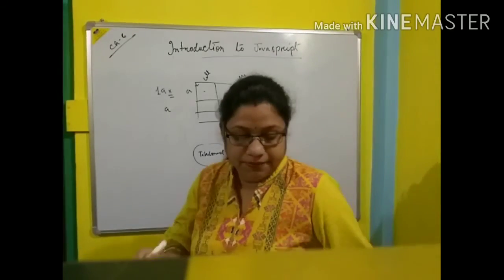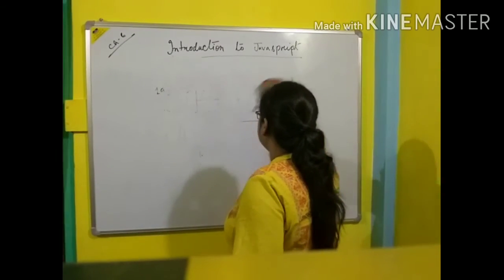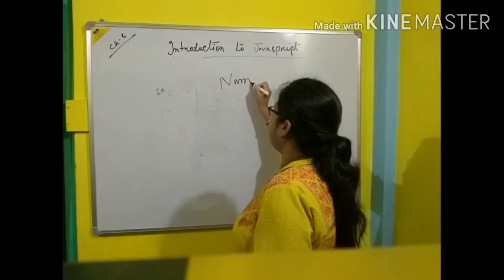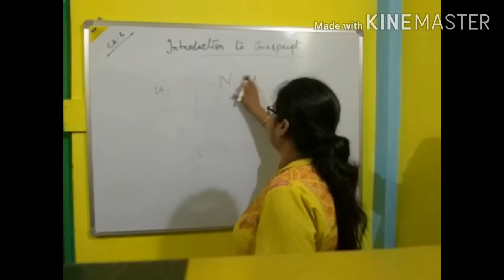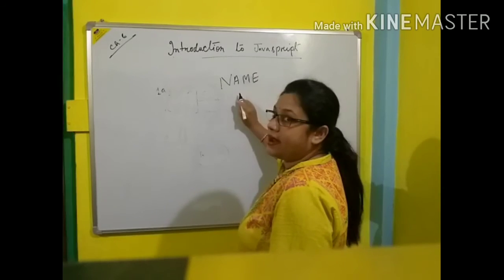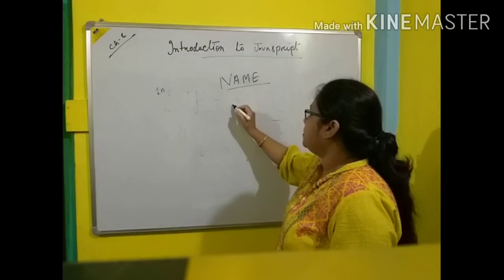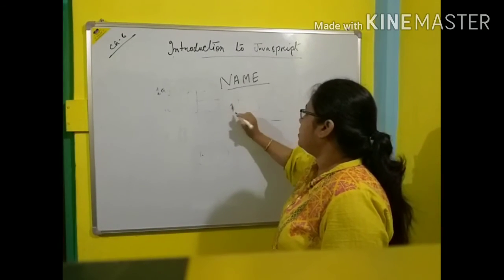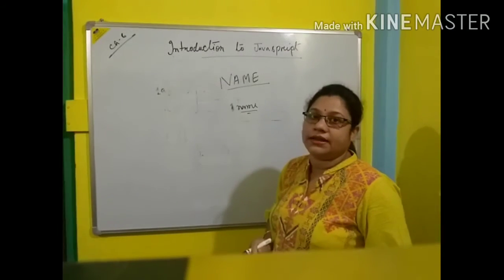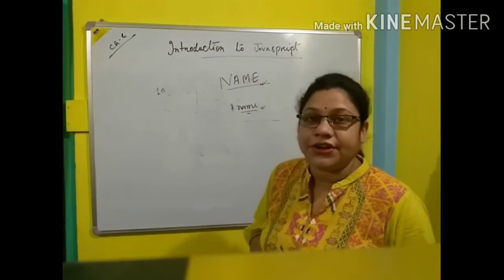Because it is a case sensitive language, if you declare a variable, for example NAME, using capital letters, and another variable name using small letters, these two variables are treated differently.